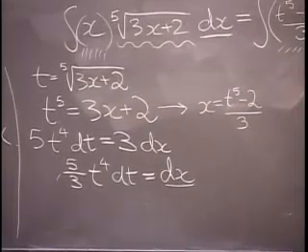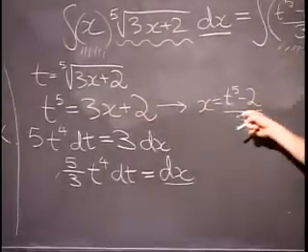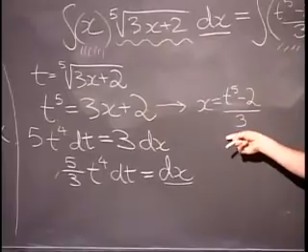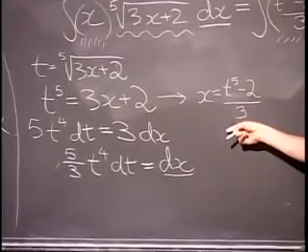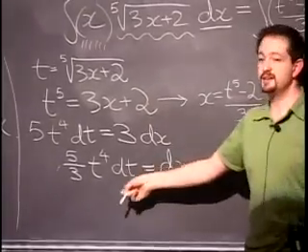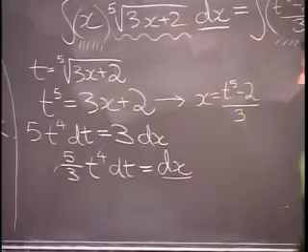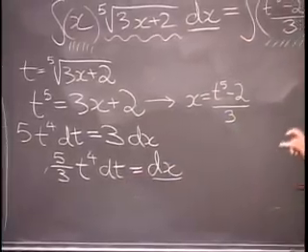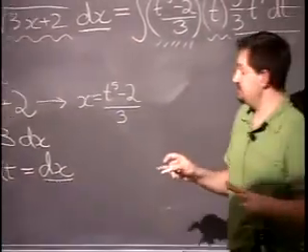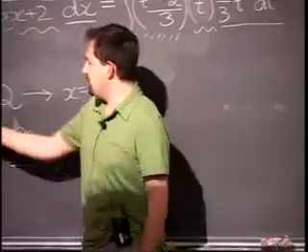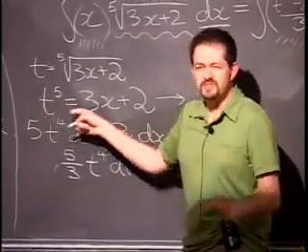In fact, you can see in this case quite easily that it's correct by differentiating this expression, x equals t to the 5 minus 2 over 3. You're certainly going to get this. Where you cannot do it, without being really careful, is if somehow one side has stuff in both t and x.